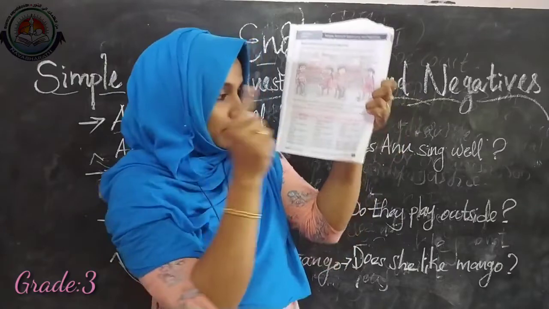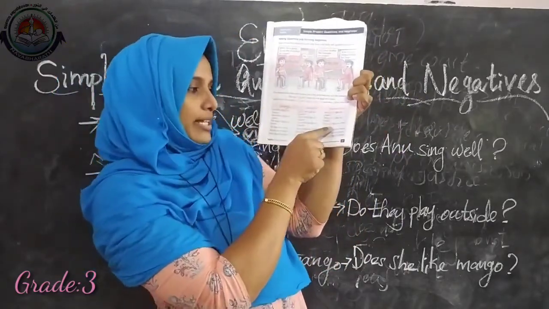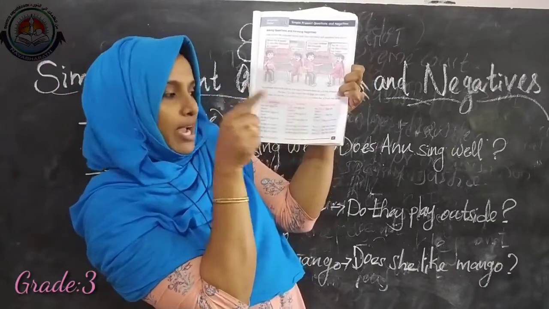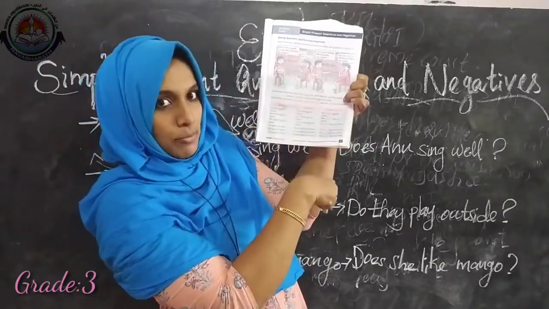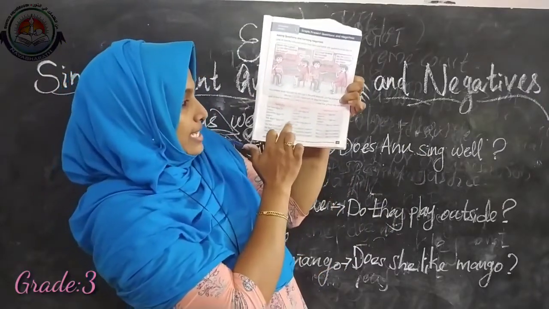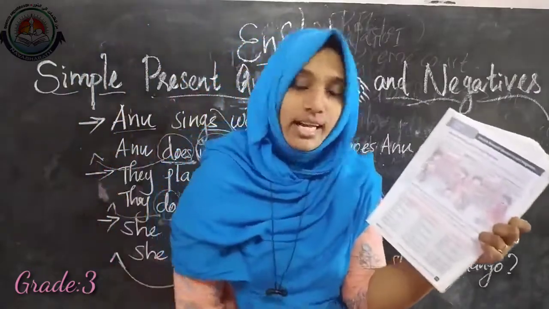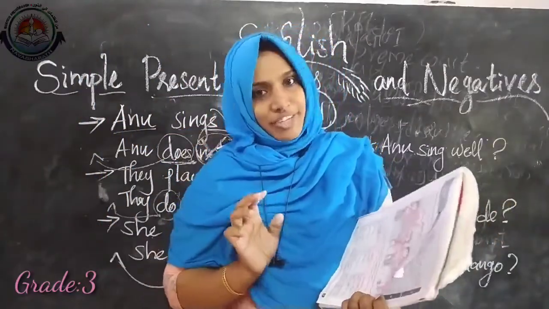Always remember it. Then from this negative sentence, we can make the question: not will be out, and this does will come to the beginning of the sentence. So it becomes: Does the dog like ice cream? Or does it like ice cream? This is how we can make it.